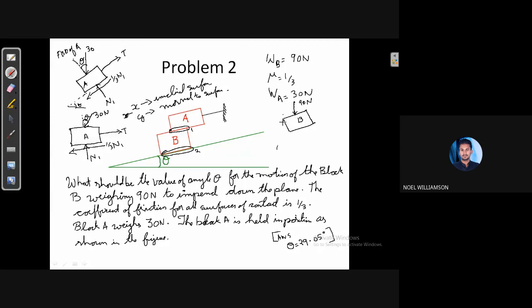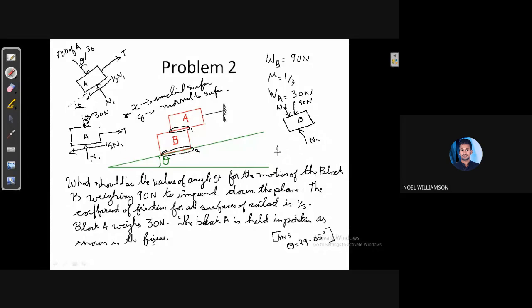So in contact surface 1 there is a normal reaction. That normal reaction will be acting in this particular direction, that is N1, and here it is normal reaction N2.